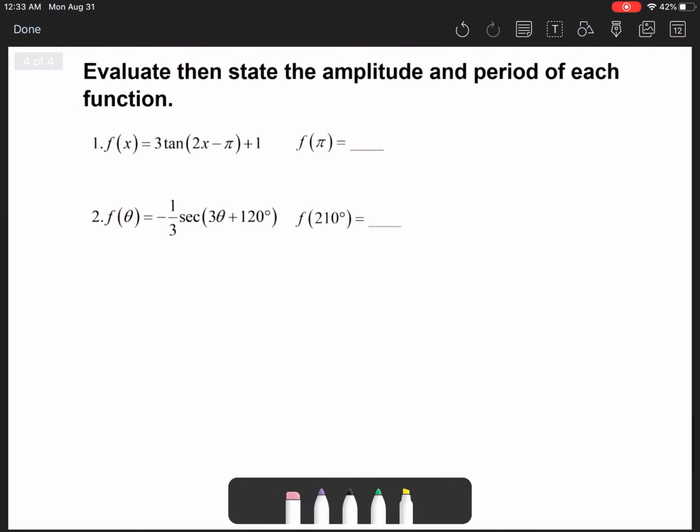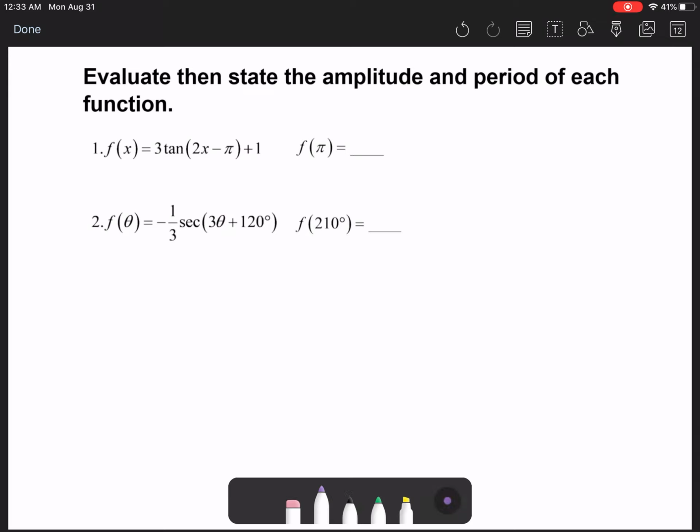All right, so let's just do number 2 here for time's sake. So order of operations, remember, we're doing f of 210 degrees. So we're going to have -1/3 times the secant of 3 times 210 degrees plus 120 degrees.